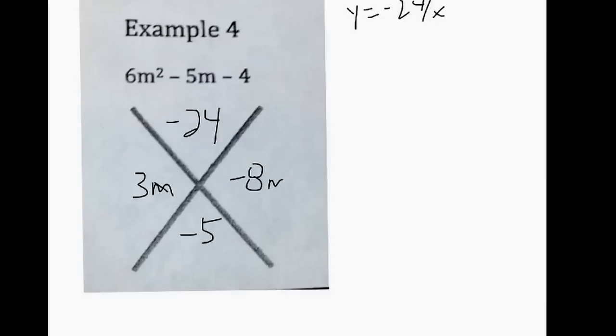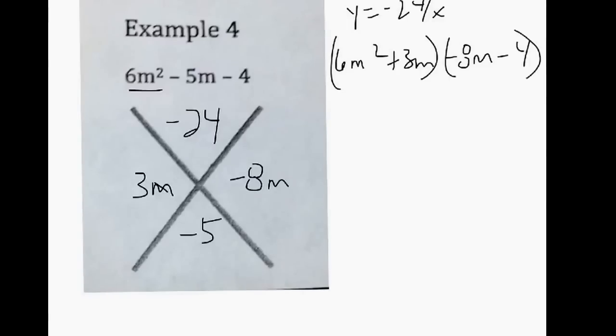The middle term is m, so I split that. So 6m squared plus 3m minus 8m minus 4. So these and those.